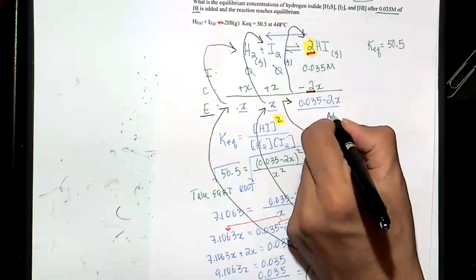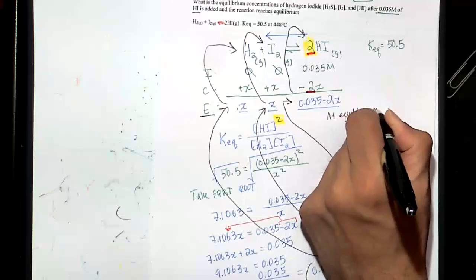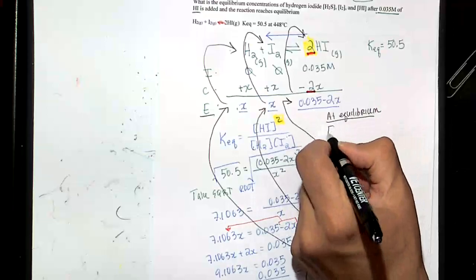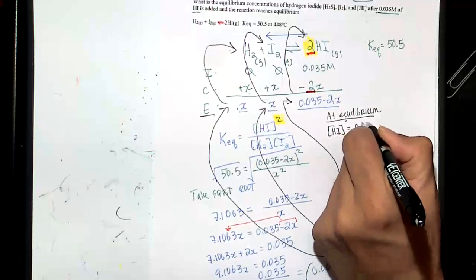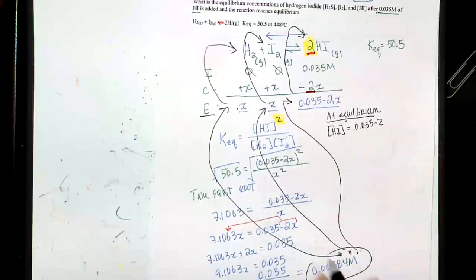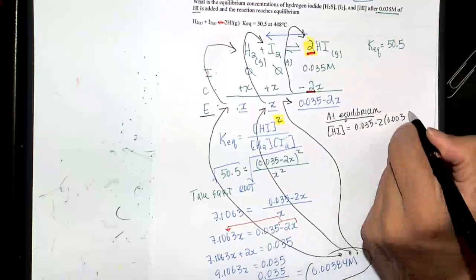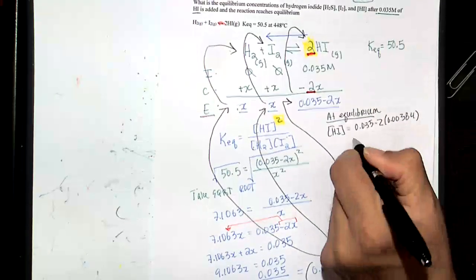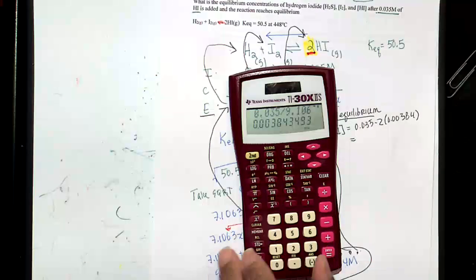So at equilibrium, our final answer: the concentration of HI is going to be 0.035 minus 2x, but we calculated x as 0.00384. So what is that on our calculator?